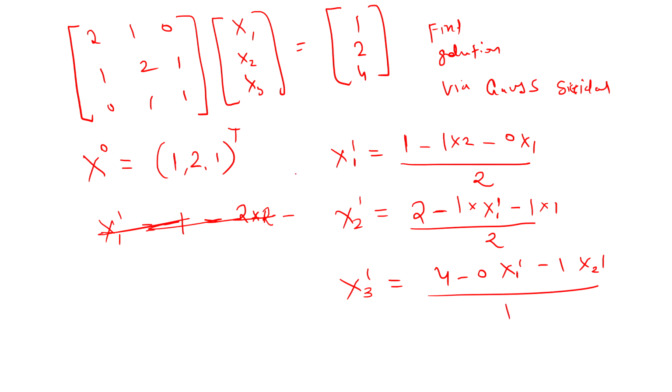So these are the values of the vector x1, which is x1 at 1, x2 at 1, x3 at 1 transpose.